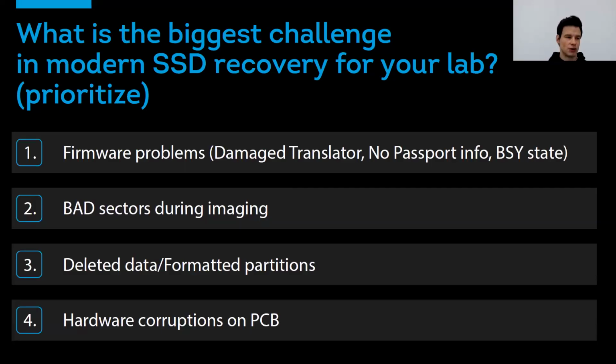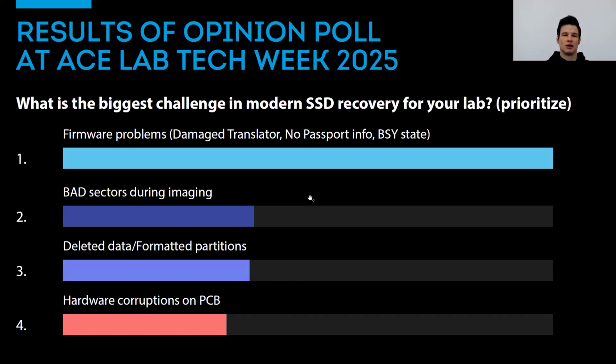And we started with firmware problems, bad sector imaging, deleted data, formatted partitions, and hardware corruptions on the PCB. And actually, if we prioritize it, of course, firmware problems like a damaged translator or no passport information or busy state are a very big part of any data recovery case.